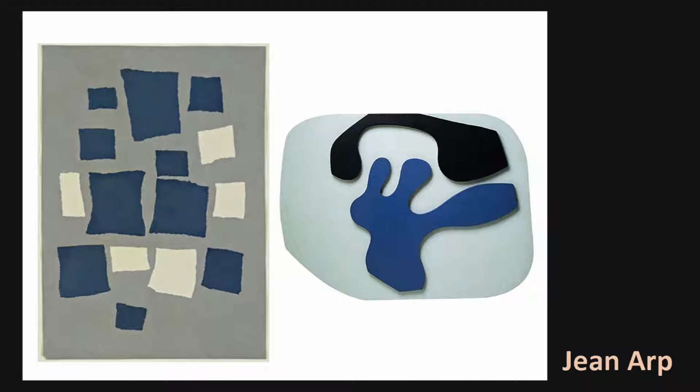Jean Arp, around the same time, as a part of the Dadaist movement, and he later also joined the Surrealist movement, was also coming up with these strange compositions where once again you do not see anything that is a part of your known world or experiential world.